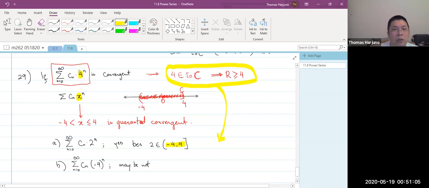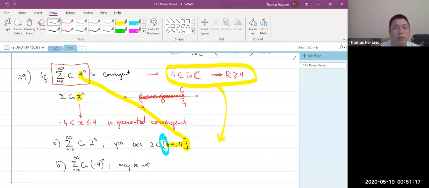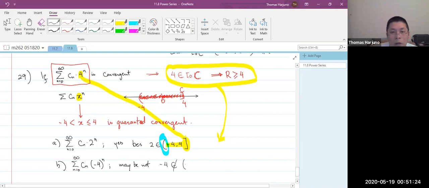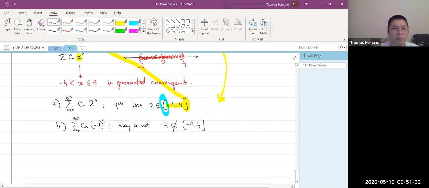And simply because we know it's convergent at 4, we get that endpoint. But the other endpoint is not guaranteed. So -4 may not be in the interval that we know for sure is convergent.